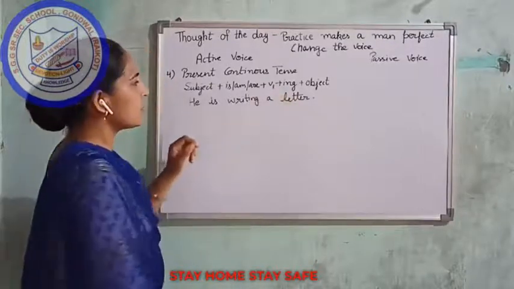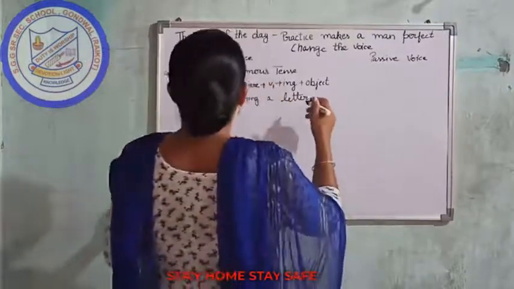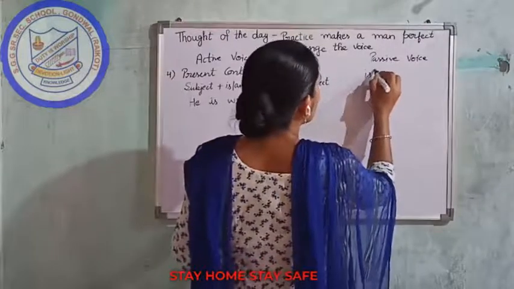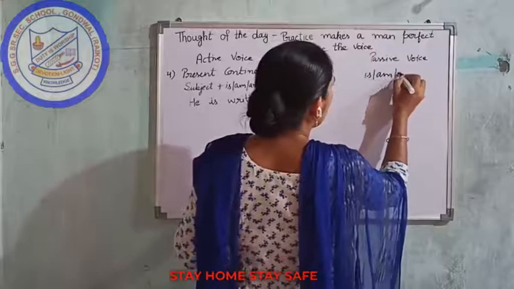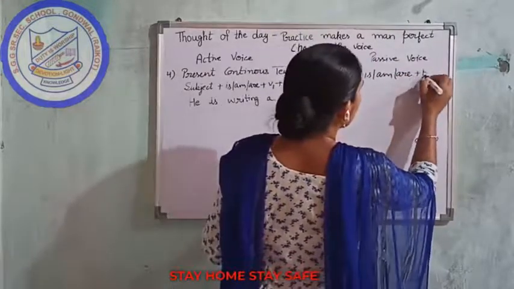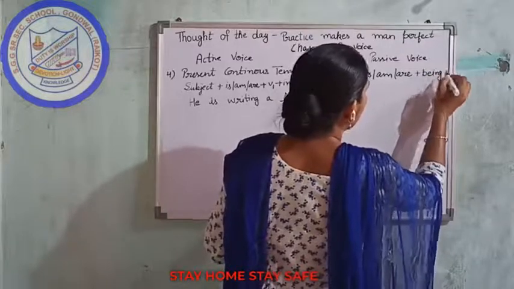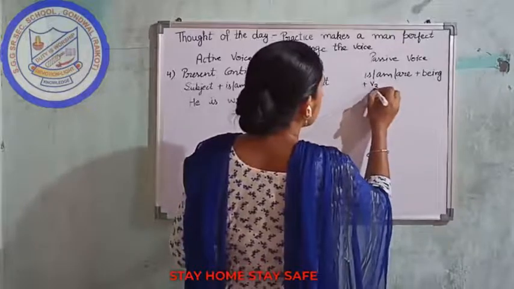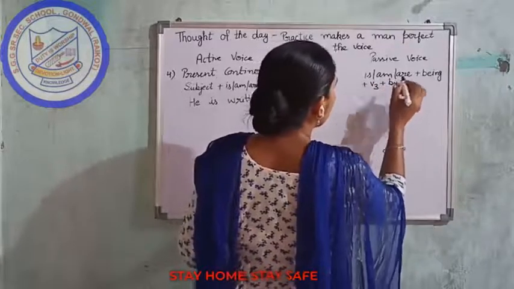In passive voice, what is the rule of it? We will make use of is, am, are. We have already it in our active form. With this, we will make use of being. Be plus ing. Then past participle with by.